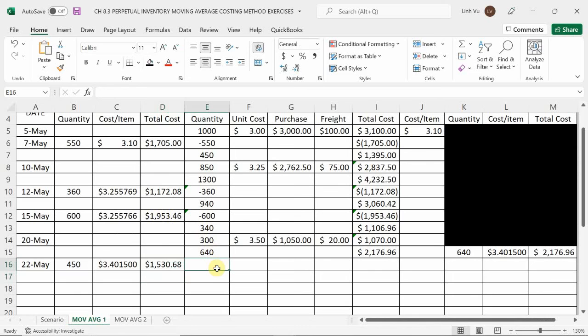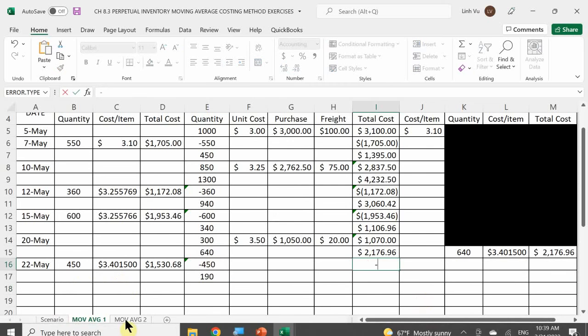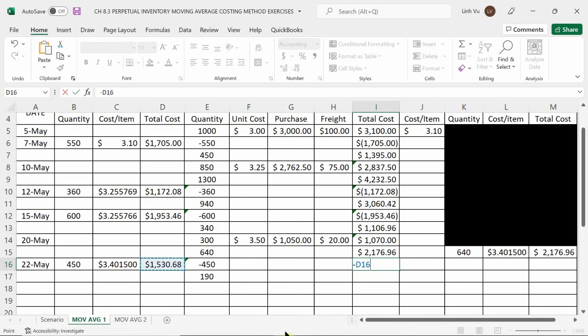So there you go. Once again, I need to subtract that I sold 450 units. 640 minus 450 should give you 190. We sold $1,530.68.